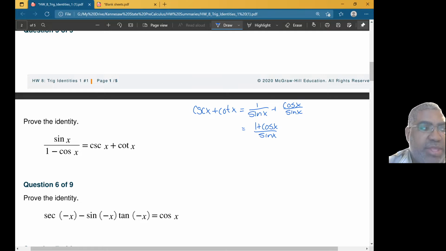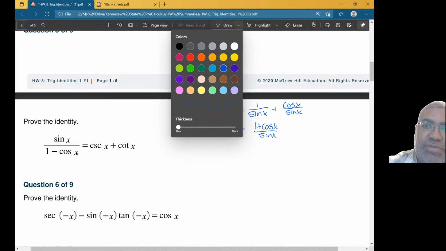Now, a hint that I'll give you that I was never told. If you look at where we're going, you have a 1 minus cosine x here. This puts you in the mind of 1 minus cosine squared x, which is sine squared x. That's one of those Pythagorean guys. A couple of different ways that we can get there. I'm going to pick the easier of the two.